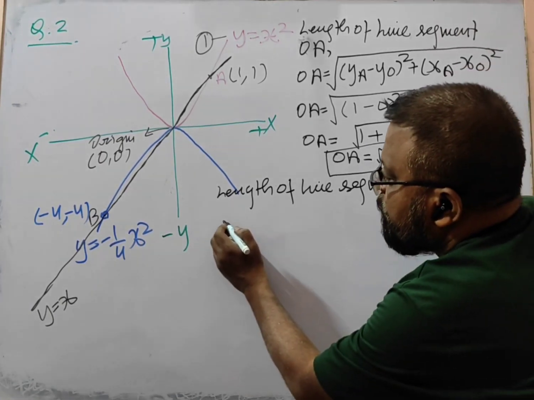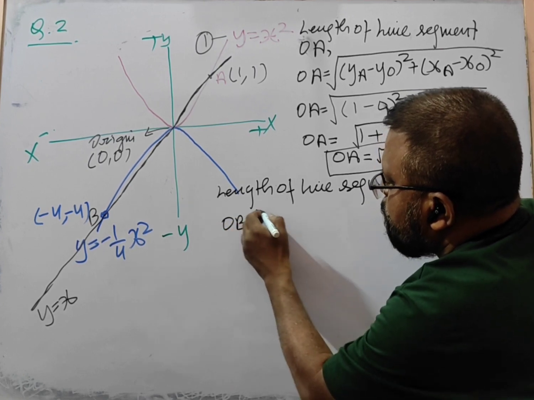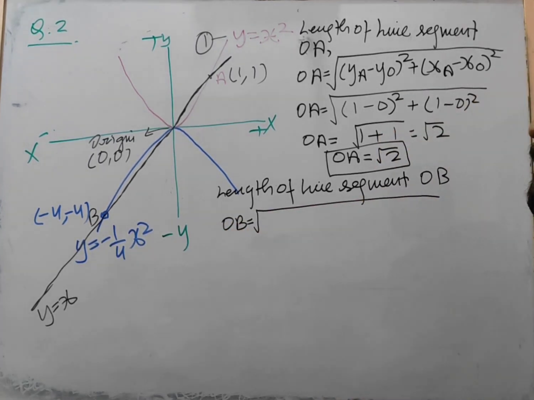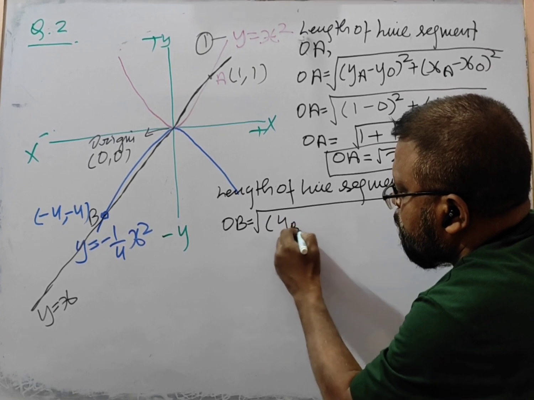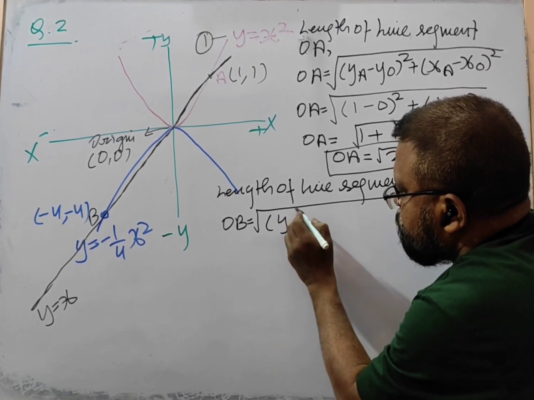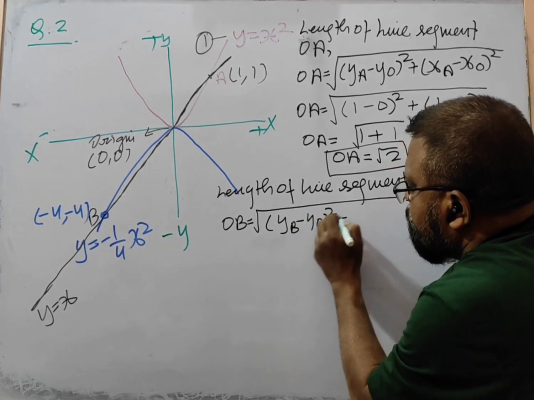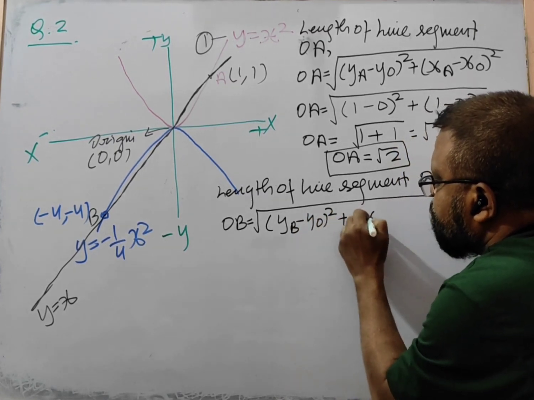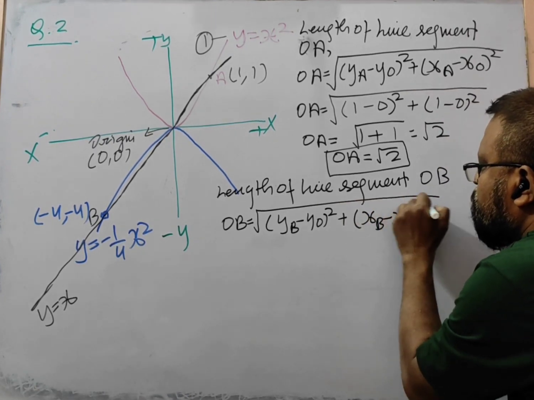So OB is equal to square root of YB minus YO whole square plus XB minus XO whole square.